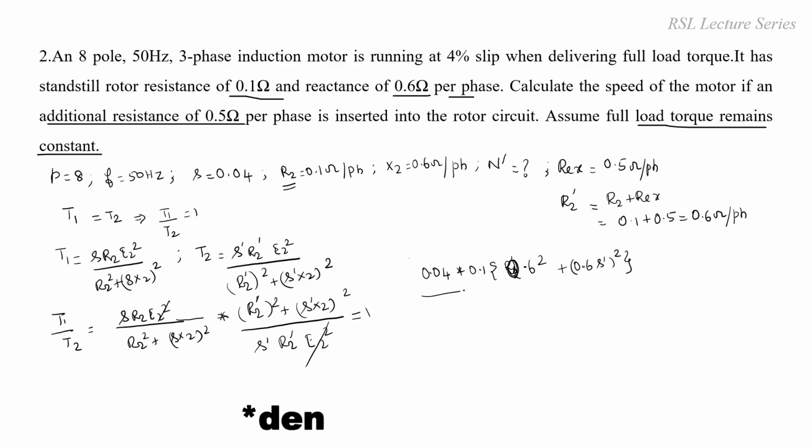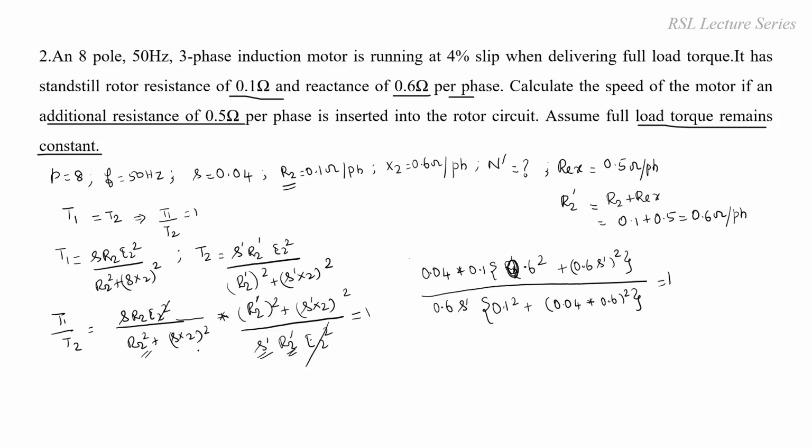In the denominator we have S dash and R2 dash, where R2 dash is a known value 0.6, multiplied by R2 square, that is 0.1 square, plus S into X2, so 0.04 into 0.6, whole square. This will be equal to 1.